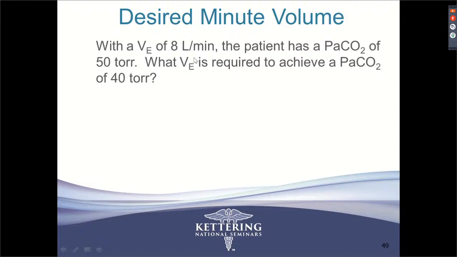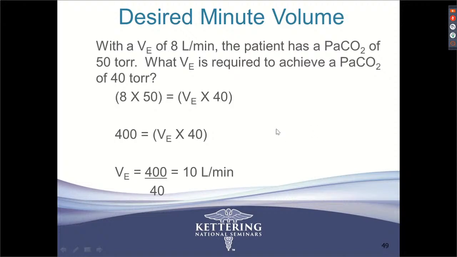What if you had a situation where the patient has a minute ventilation of 8 liters a minute, and on that minute ventilation, the CO2 is 50? How would you change the minute ventilation that's required to get a CO2 of 40? You could use this particular formula, all right? So here's how you would set the formula up.